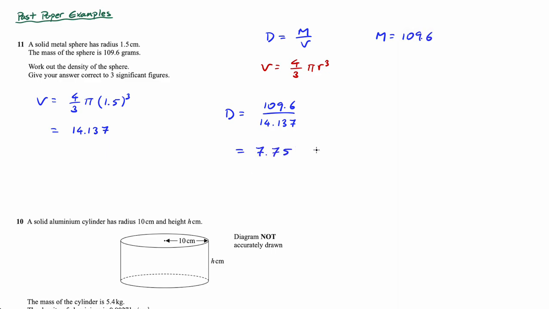The unit is grams per centimeter cubed. That's the unit of density, or it could be kilograms per meter cubed.